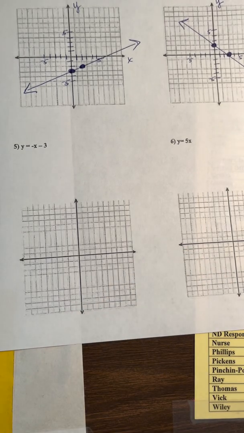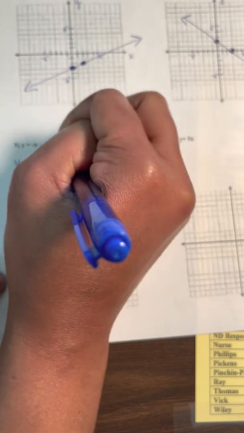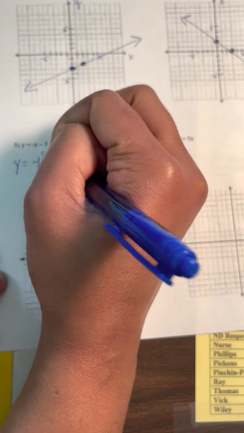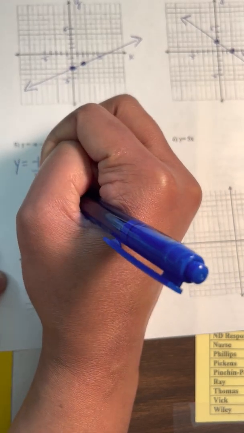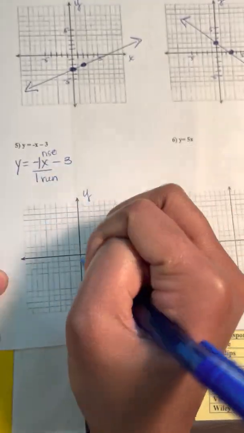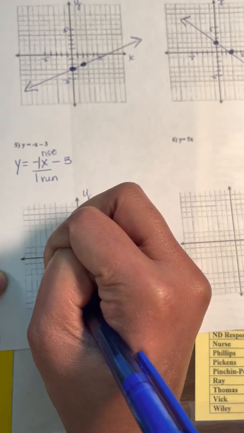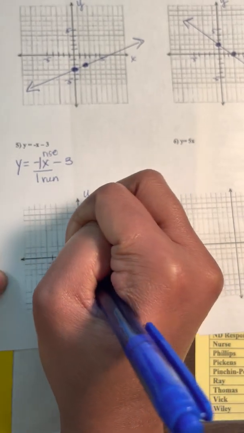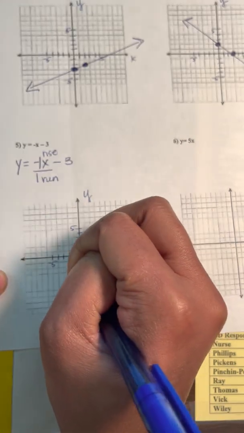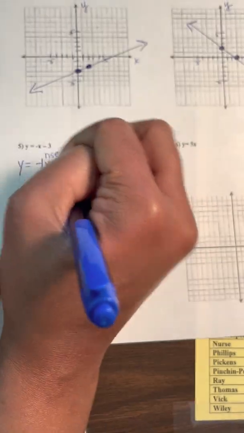The next one, y equals negative x minus 3. So here I don't see a coefficient, so you know it's a 1. Okay, well I have a rise, but what is my run? It's also a 1. It's understood 1 all the time. So label your axis. Okay, all right, starting point, negative 3.